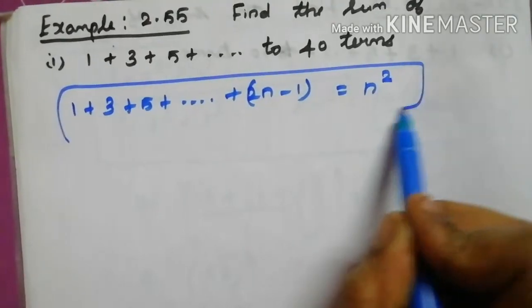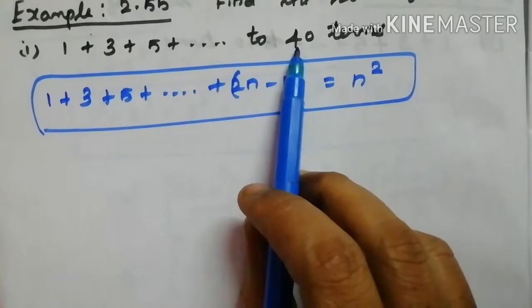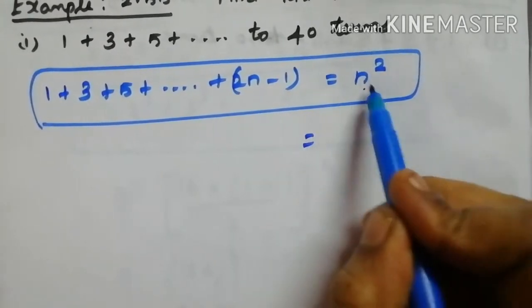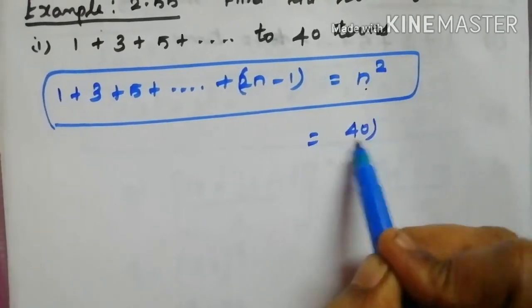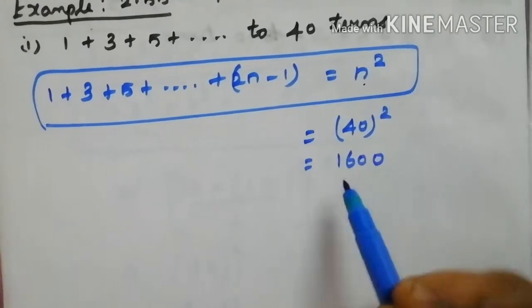This is our formula. Here n is nothing but the number of terms, here 40. So instead of n we apply 40. 40 square is equal to 4 fours are 16, 0 0. So this is our answer.